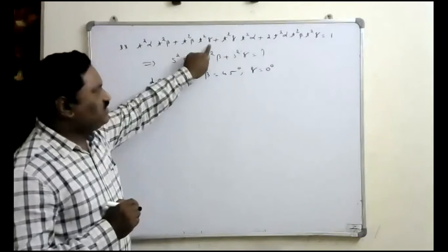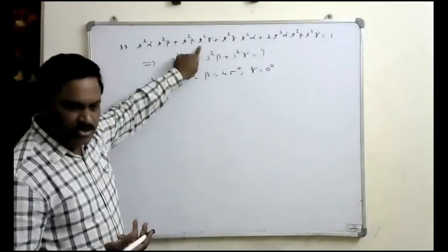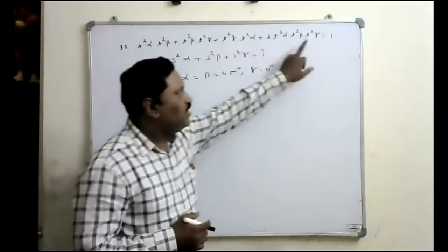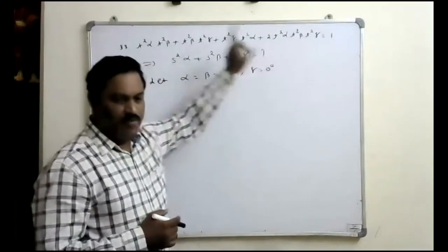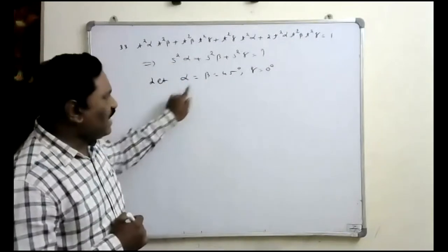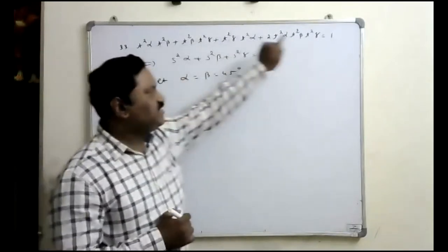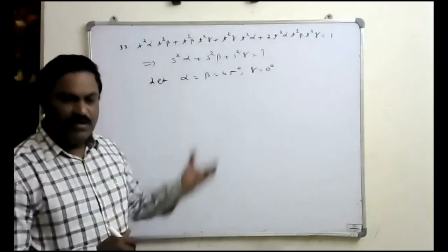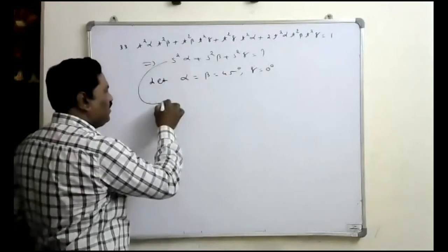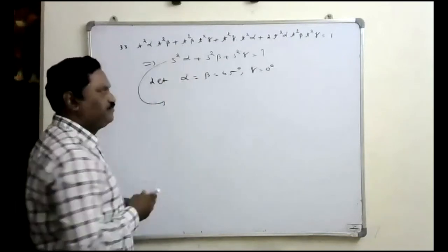And gamma is 0 means tan 0 is 0, so this term is 0. Here also gamma is there, this is also 0. Here also gamma is there, this is also 0. Overall we are getting 1 only, which means these angles satisfy that equation. That's why we can assume these angles. Keep these angles in that.